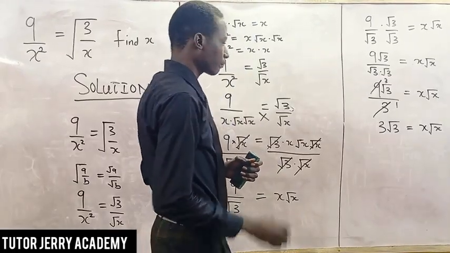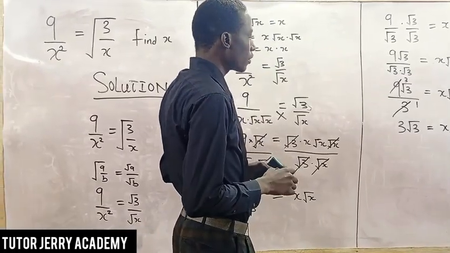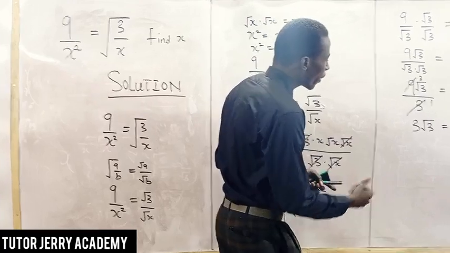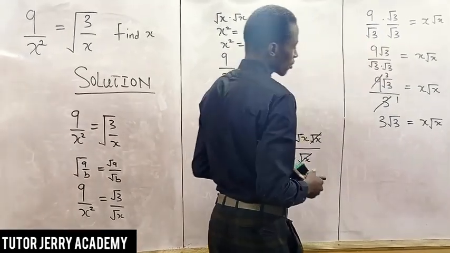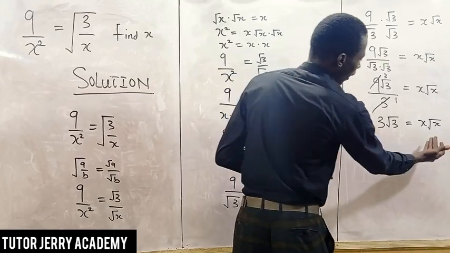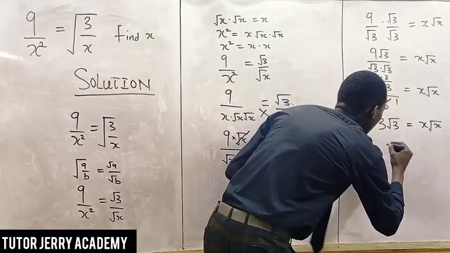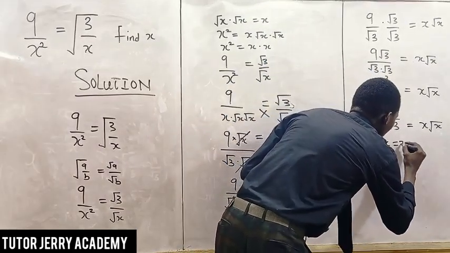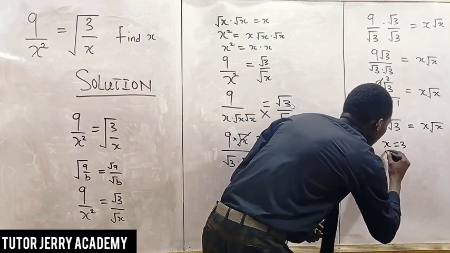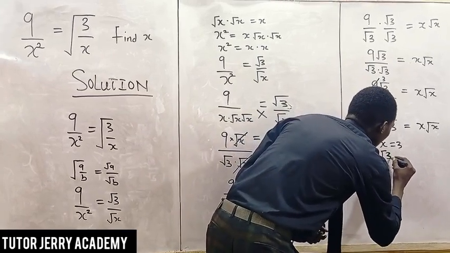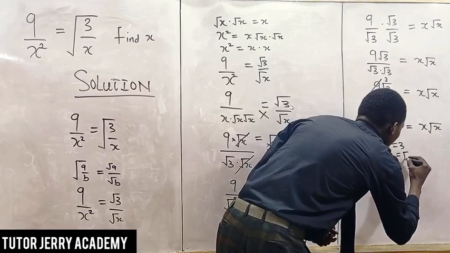So next, we are going to be comparing both sides of this equation. If we compare the left hand side with the right hand side, we will discover that 3 is equal to x, and the square root of 3 is equal to the square root of x.